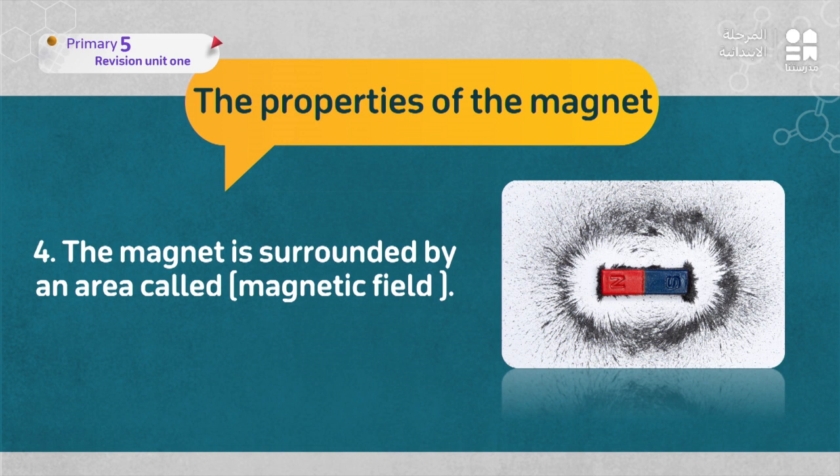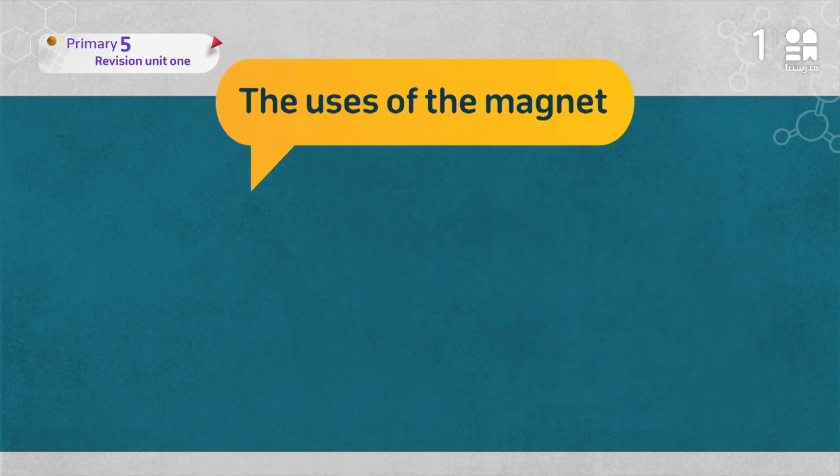What does magnetic force mean? It's the ability of the magnet to attract magnetic material in its field. The last thing in lesson 3 is the uses of the magnet. What did we use the magnet for? We used the magnet to make the compass. The magnetic compass.